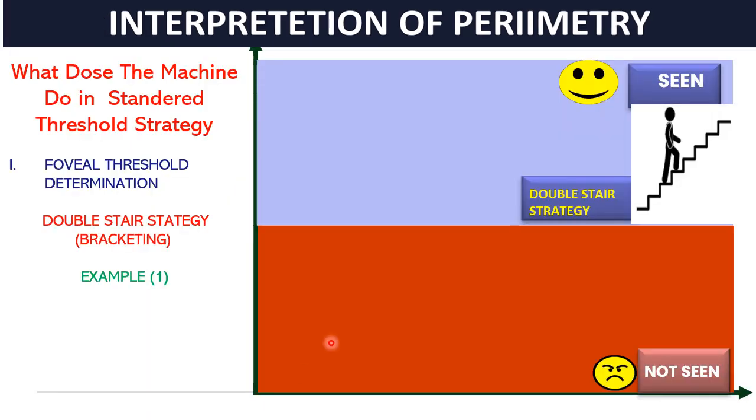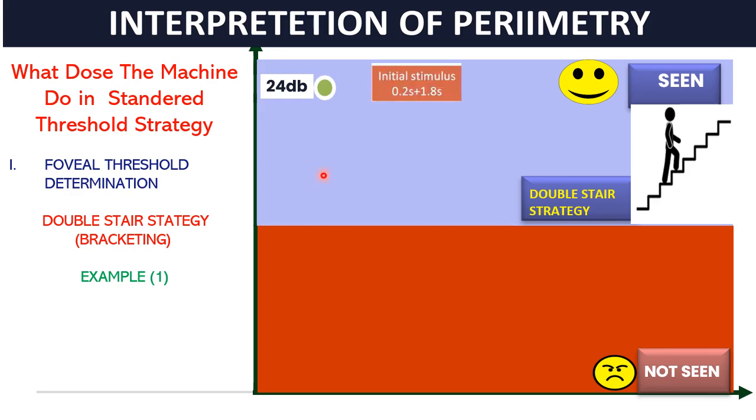Here I will explain in detail what the machine does in the standard threshold strategy. Now, suppose the patient receives a stimulus falling in this area of about 24 decibel intensity, and the patient can see this stimulus. Now, the machine will try to decrease the intensity of this stimulus by increasing the filters in front of the stimulus, that is increased by 4 decibel.